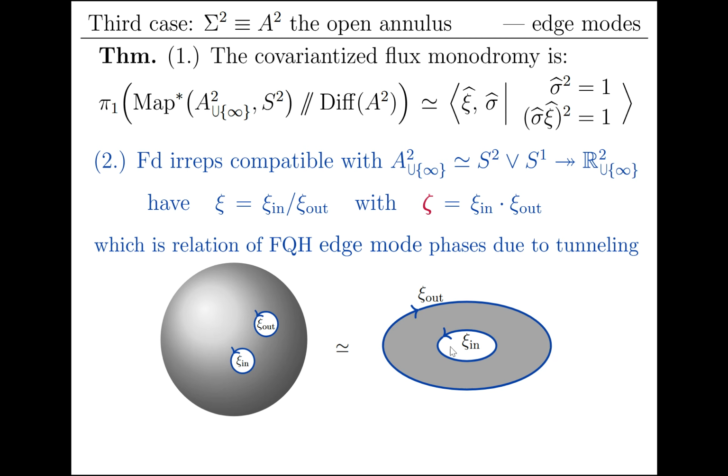And as you form this product, in this context it is known as computing the tunneling current of quasi-particles from the inner to the outer boundary, and that being a current of quasi-particles, it actually has to be a fraction of the actual electron current. And as you exponentiate that statement, so we just see the exponential version of it here where everything is phases, it's precisely this relation that our braiding phase zeta is decomposed into these two Fermi momenta phases.